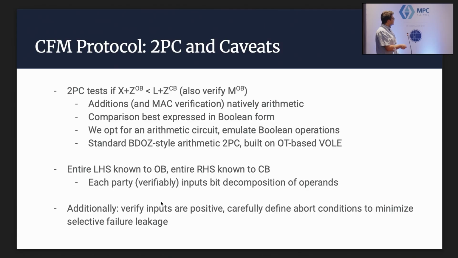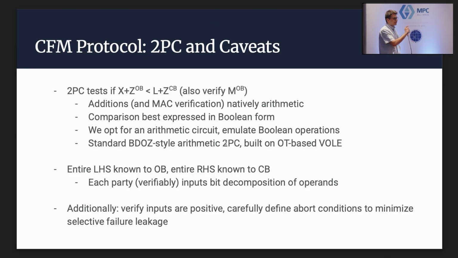Right, so recall that I mentioned it's important that the entire left-hand side is known to OB and the entire right-hand side is known to CB, which makes things a bit easier. This is because the comparison part is a Boolean circuit, and it needs bits as input. It works most efficiently with bits as input.